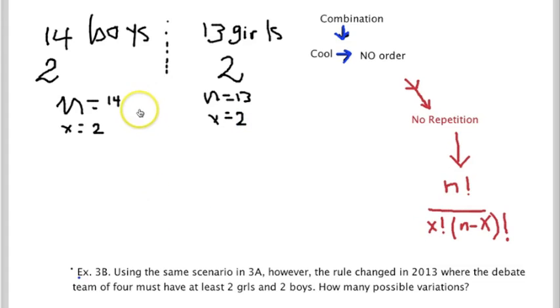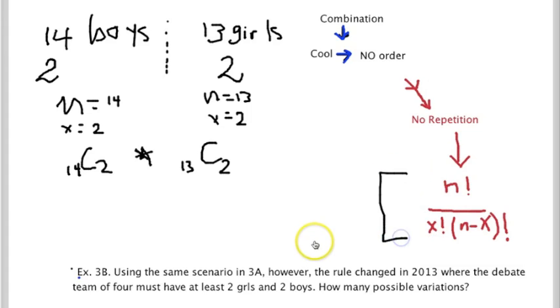Okay, so for this situation, if you want to look at it symbolically, it's basically C(14, 2), and then the combination of 13, and you pick 2. Okay, and remember that since this is an and, we gotta multiply. So we gotta multiply those 2 together. So basically, we gotta use this equation twice.